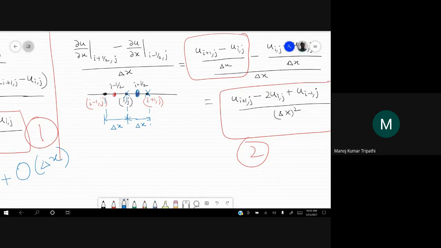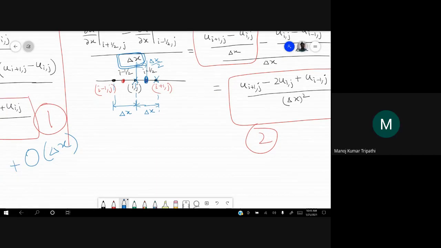Therefore, the distance between I plus half and I, this distance will be delta x by 2. Okay. So the distance between I plus half and I minus half will be delta x. Is that fine? No, sir, I'm talking about the denominator in the dou u by dou x at I plus half comma j minus dou u by dou x at I minus half comma j divided by 2 delta x. This one, right? Yeah, yeah.